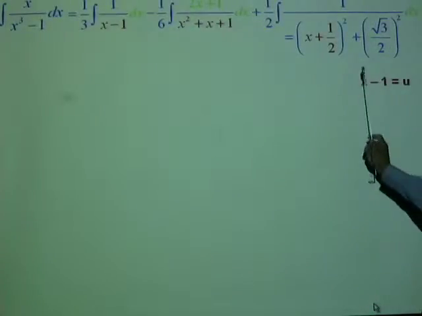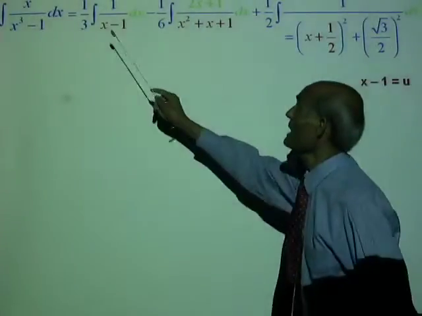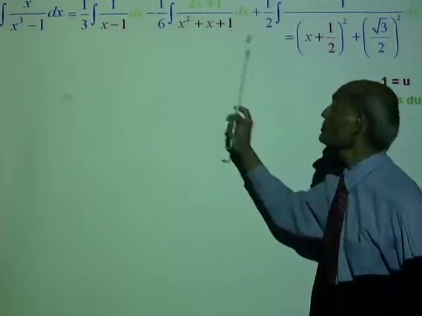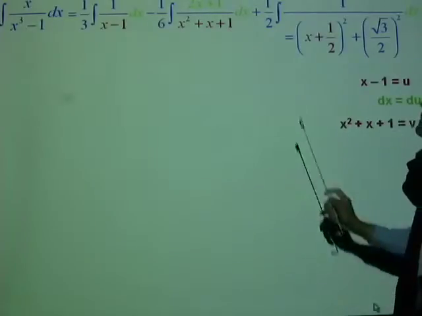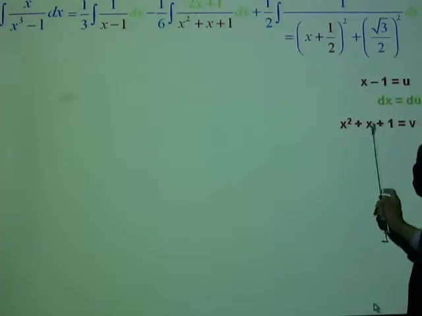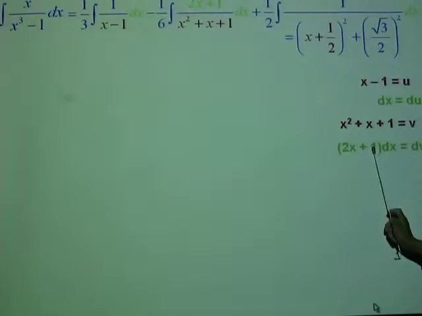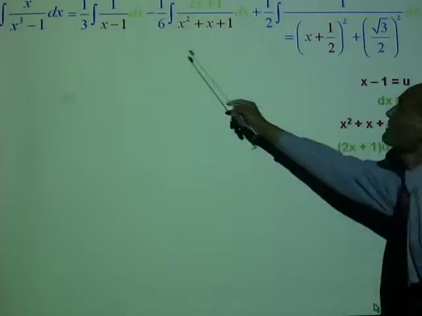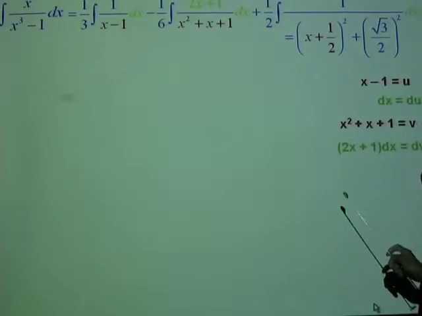Okay, now let's say that x minus 1 equals u, dx becomes du. And when x squared plus x plus 1 equals v, then 2x plus 1 dx equals dv.